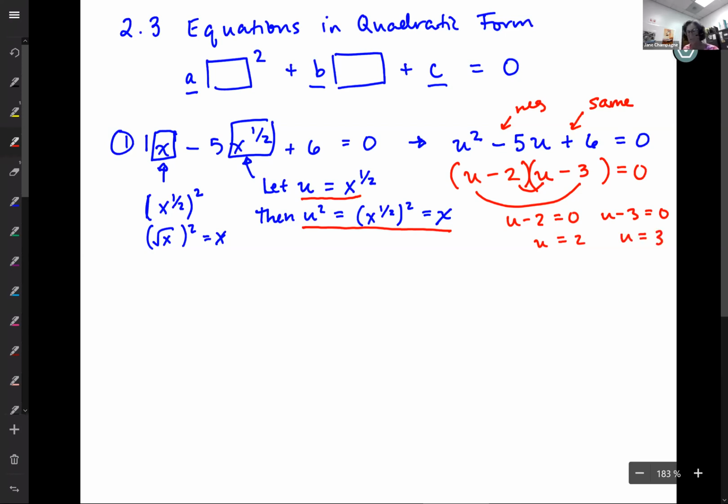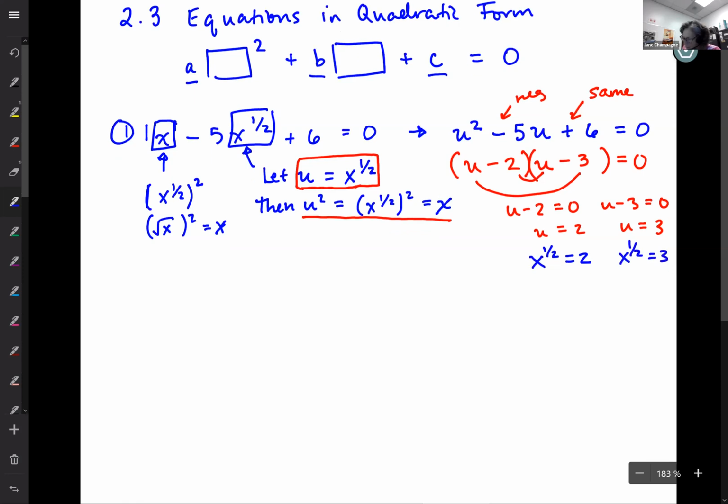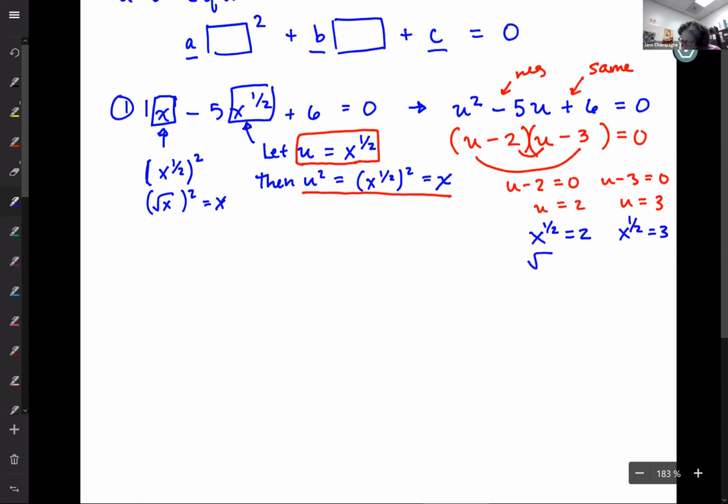But then you have to go back to x. So then we use this original assignment of what we let u equal to go back to x. We let u equal x to the 1/2. So x to the 1/2 is 2, or x to the 1/2 is 3. And again, x to the 1/2 means square root. So how do we solve that?